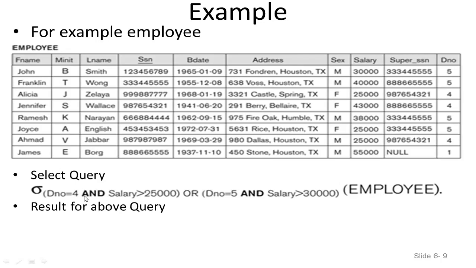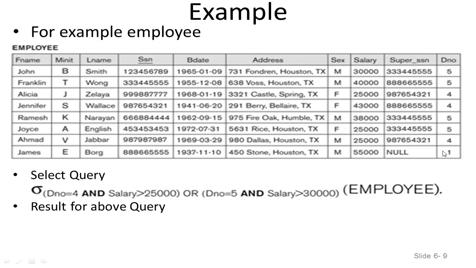Now what will happen? You have used department number 4 and department number 5. There are how many with department number 4? 1, 2, 3. There are 3 with department number 4, and then there are 4 with department number 5.